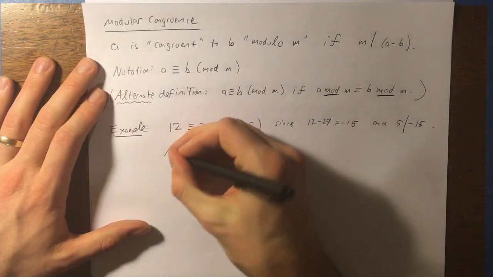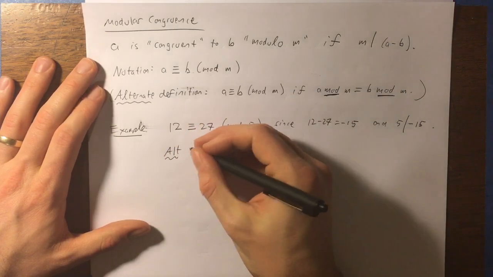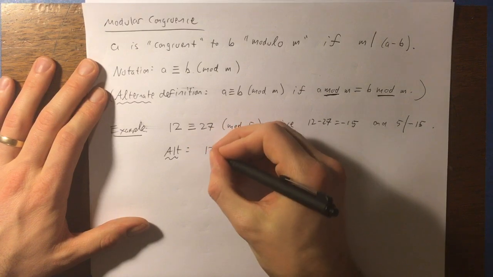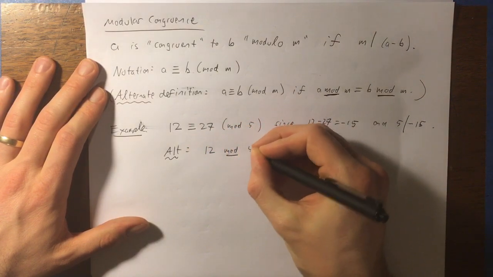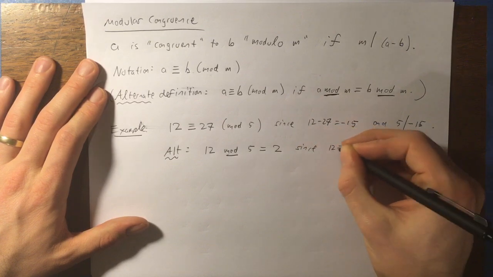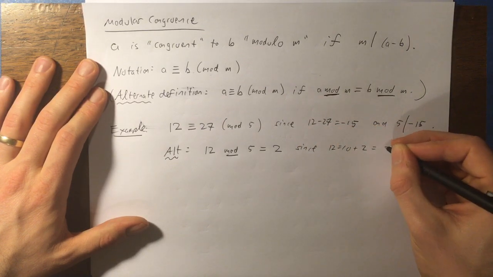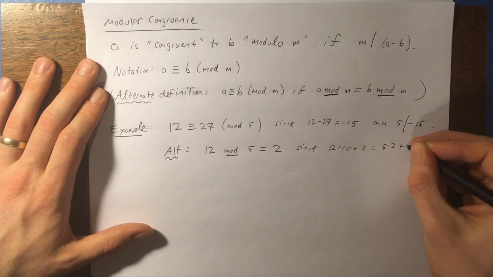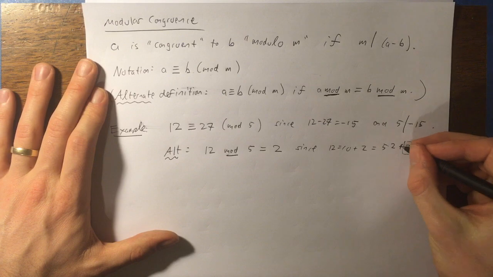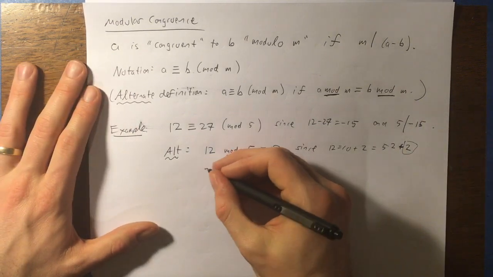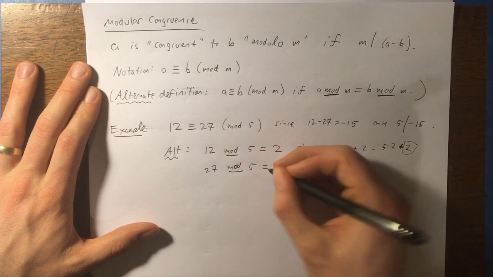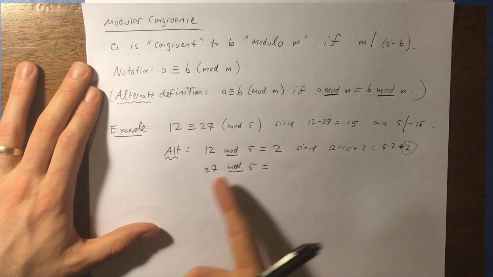So in that alternate sense, the reason 12 is congruent to 27 mod 5 is because 12 reduced mod 5 gives you a remainder of 2, right? 12 is 10 plus 2, that's 5 times 2 plus 2, so it's a multiple of 5 plus 2, with the plus 2 being your remainder. And then 27 reduced mod 5: what's the remainder when you divide 27 by 5?